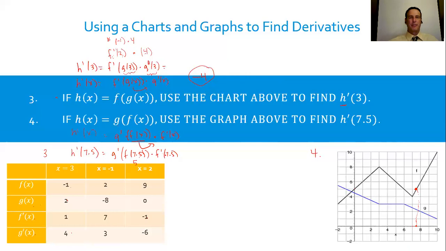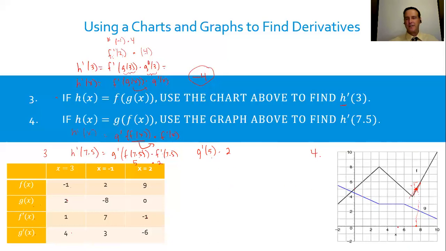F prime at 7.5 says, what is the slope at this point? And if you look at this line, it looks like I got to go up 2 and over 1. So 2 over 1. And so that leaves me with g prime of 5 times 2. Now I'm going to look at g, which is this blue function.